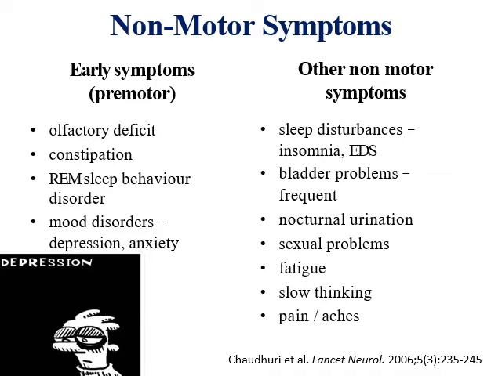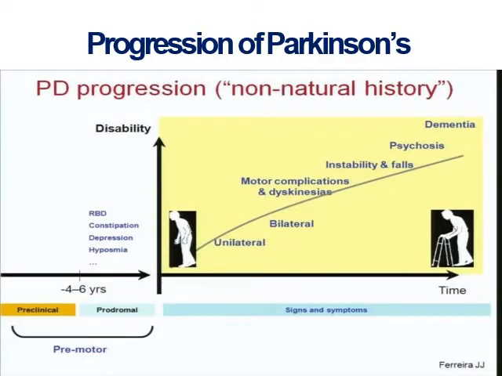There may also be bladder problems such as frequent or urge incontinence as well, nocturnal urination, going to the toilet at night, sexual problems, fatigue, slow thinking, and aches and pains.